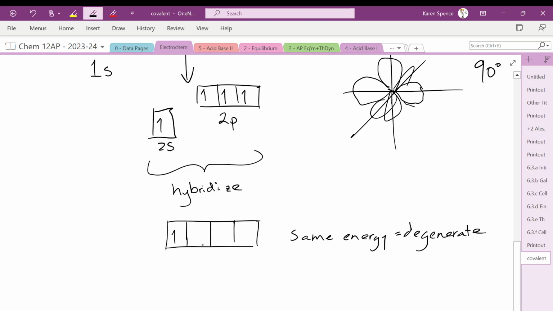And so we have 1 electron in each of these. How many s orbitals did we throw into that blender? 1. How many p orbitals went into the blender? 3 of them. 1, 2, 3.